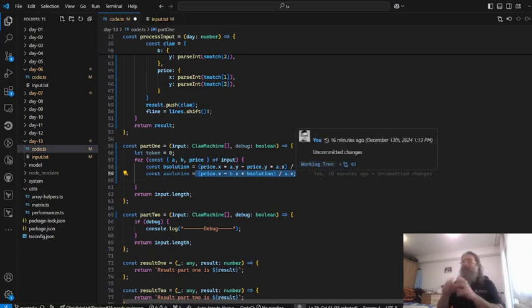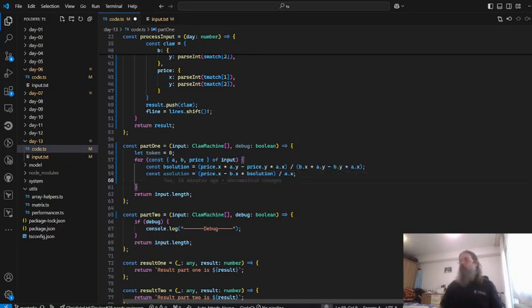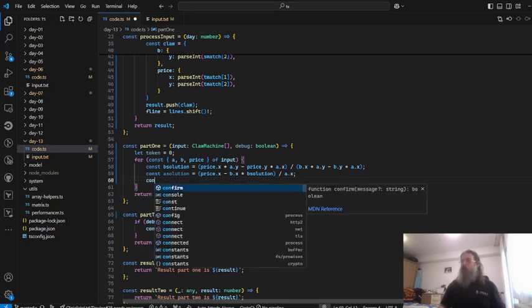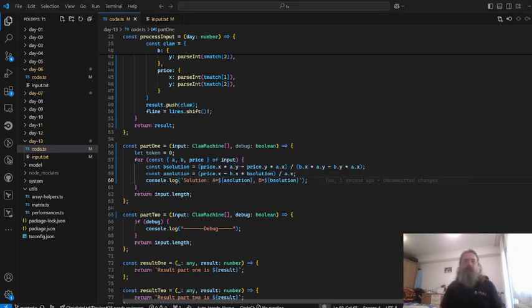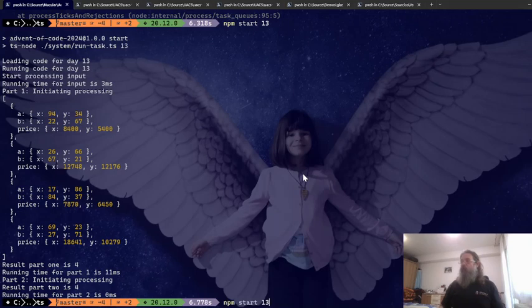We can do the exact same calculation using the y's and we would get the exact same solution. So now we have our A solution and B solution, so I will just console log them to see if we're on our right path.